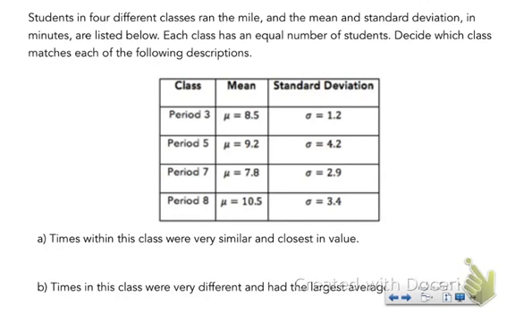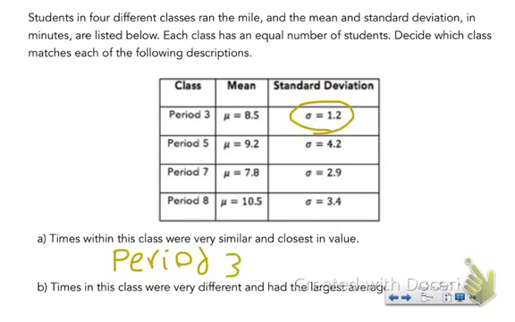So basically I'm just looking for the smallest standard deviation, because the smaller the standard deviation, the closer together the values are. So it doesn't matter what the average or the mean was. I'm just concerned about how far from the average they are. So period 3 was the closest in value, the least spread out.